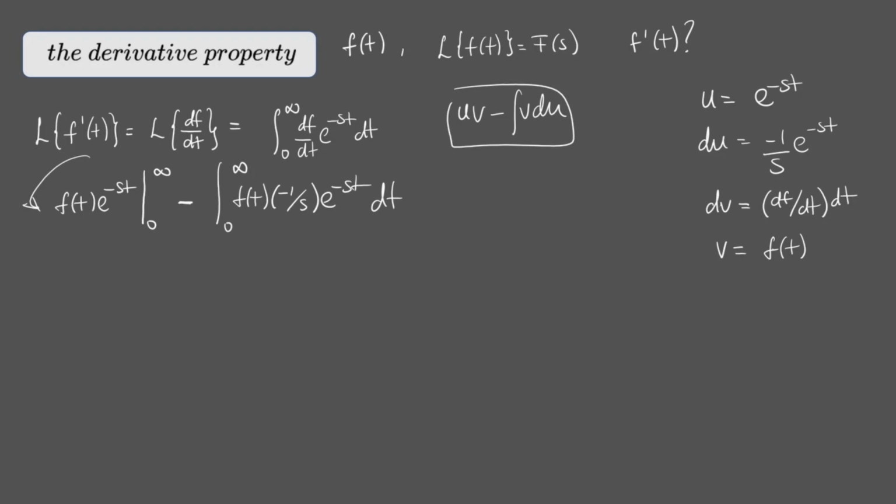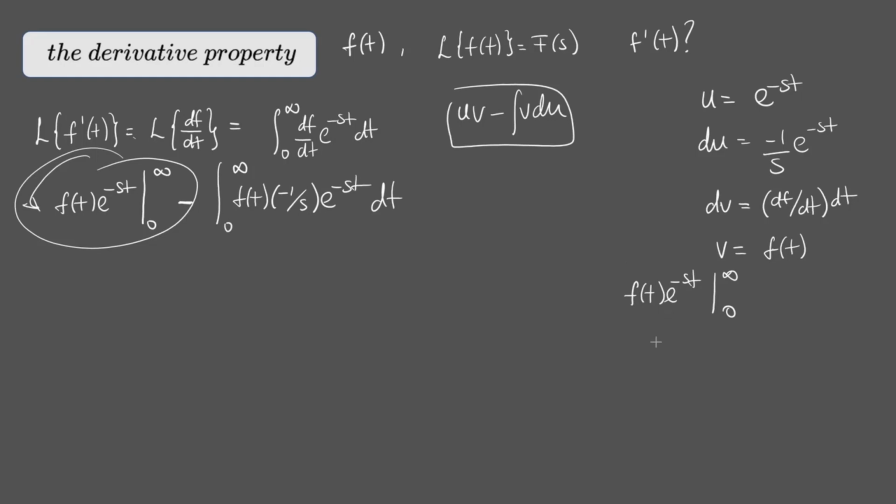Something really fantastic is about to happen now. We have to evaluate the first half, finding the limit of f of t e to the minus st from 0 to infinity. As t tends to infinity, that first half is going to be 0.